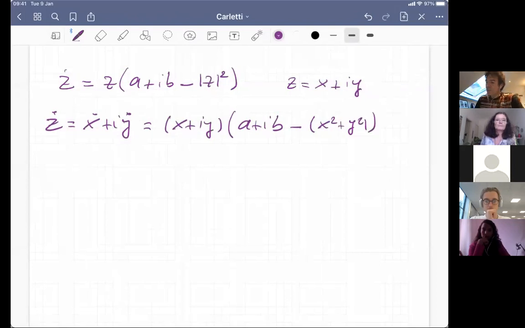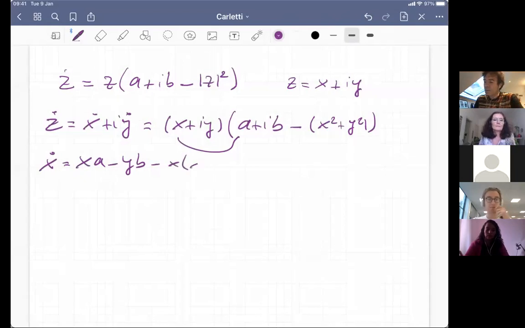Then you perform the computation, develop the product, and identify left and right members, pure real and pure imaginary. So you have X dot equal to XA, and then iY times iB, so minus YB, and then minus X times (X squared plus Y squared).